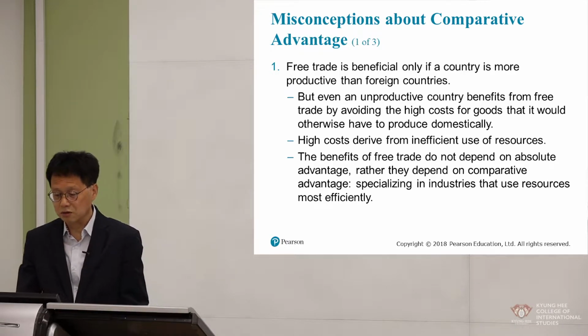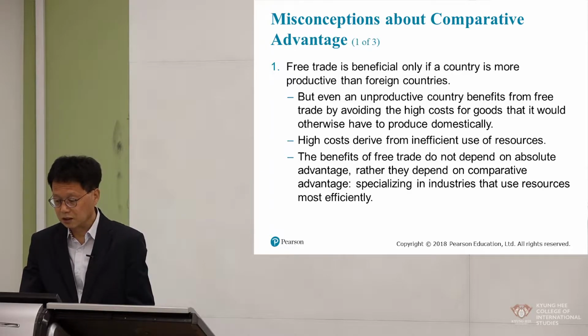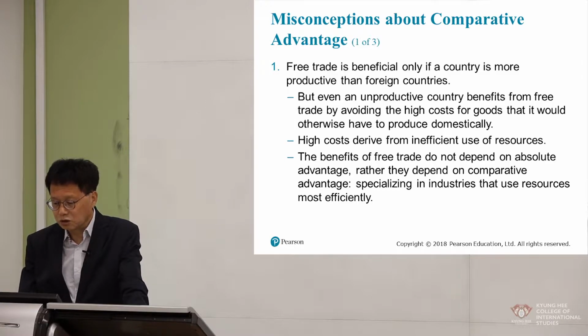That is the first misconception. Right? But even an unproductive country, a developing country, for example, can benefit from free trade by avoiding the high cost of goods that it would otherwise have to produce domestically. We already know the comparative advantage story. Some countries that have an absolute disadvantage in both goods can enjoy comparative advantage in one good.